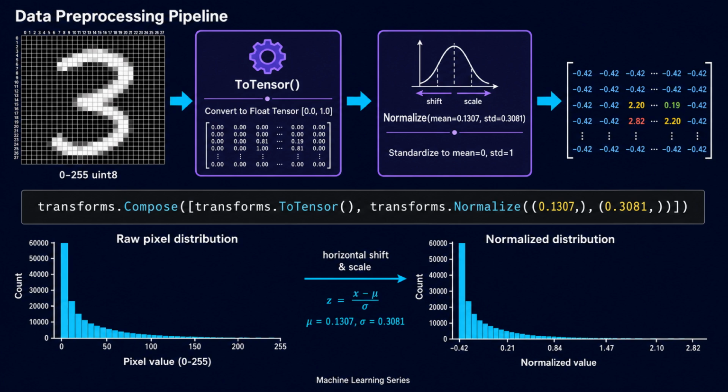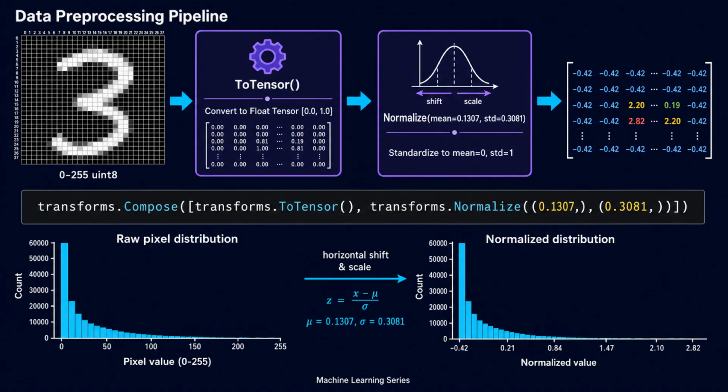We then apply a Normalize transform, which standardizes the data using a specified mean and standard deviation, centering the distribution around 0. This normalization helps the network learn more efficiently by ensuring consistent input scales.